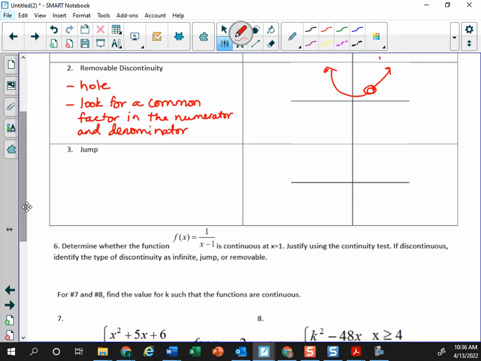Okay, a jump doesn't really have another name, it just is. You often see it in what kind of equations? Piecewise, good. Very frequently in piecewise. And with a jump, the left-hand limit does not equal the right-hand limit.